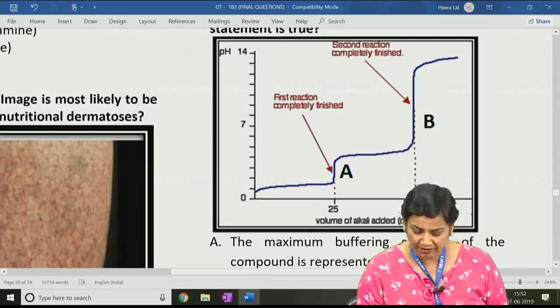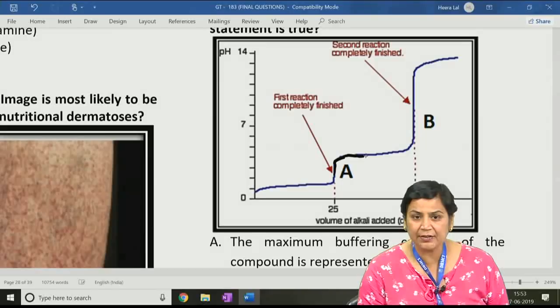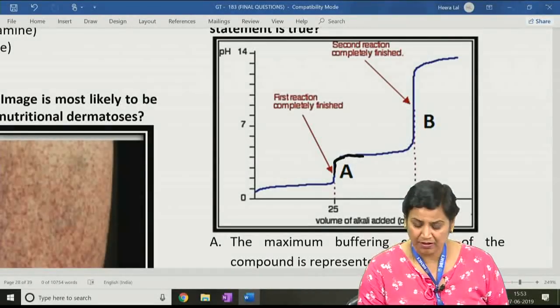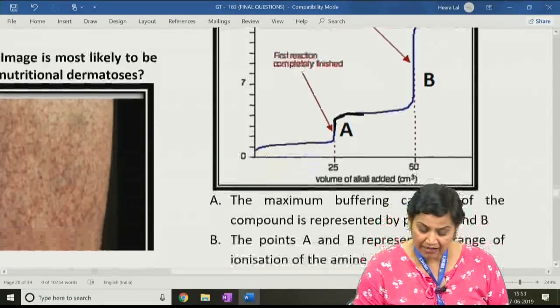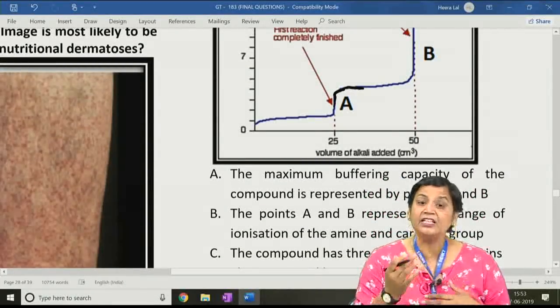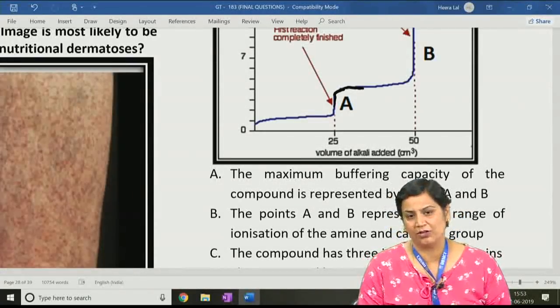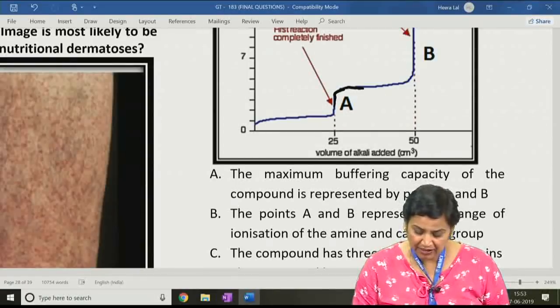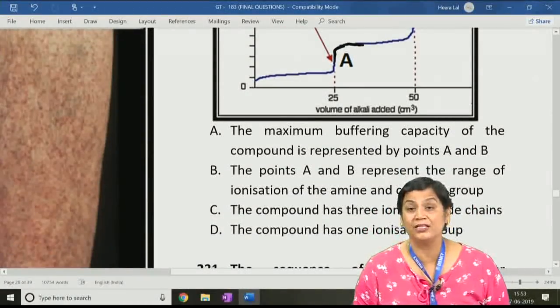You can see the graph here. See, there is an increase in pH here. Similarly, there is an increase in pH here also. So A and B points are representing the range of the ionization of the amino group as well as the carboxyl group. Because if you look at the other options, the third option says the compound has 3 ionizable side chains.